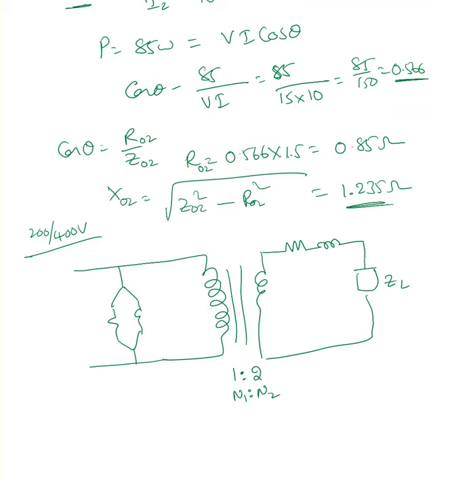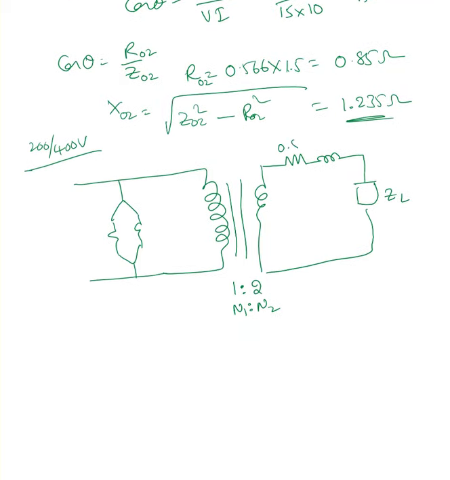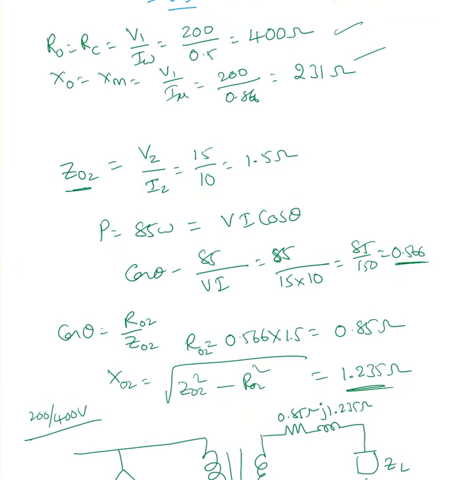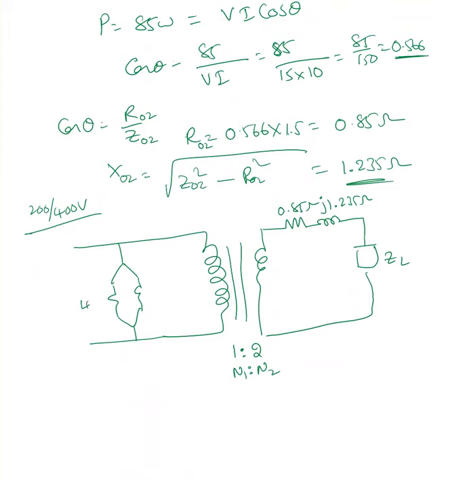This value is 0.85 ohm, this value is j 1.235 ohm, and from the no load test, this is 400 ohms, and this is j 231 ohm. This is the equivalent circuit of the transformer. We found this equivalent circuit from the OC test and SC test.